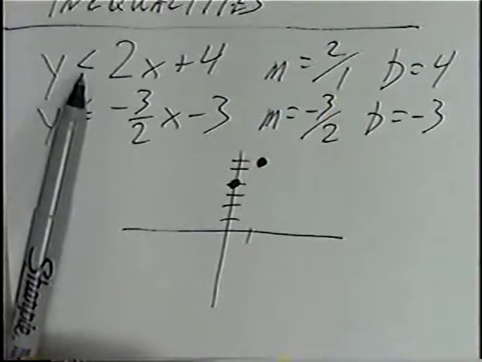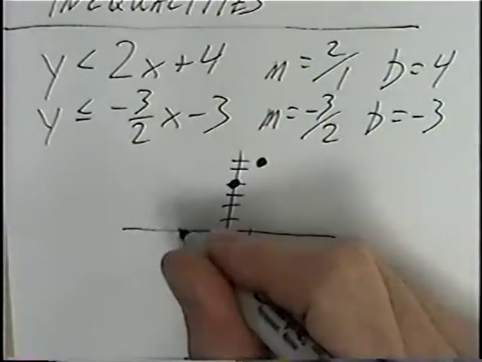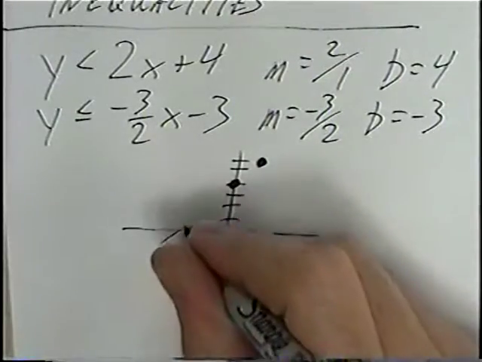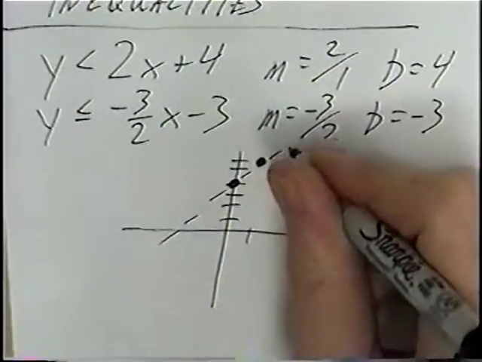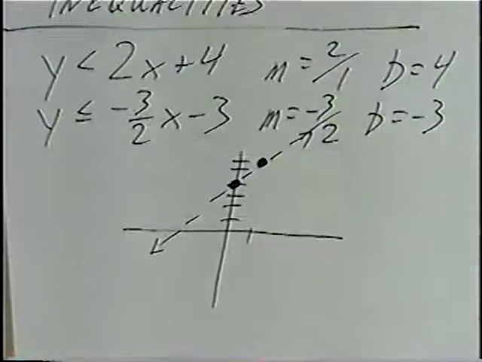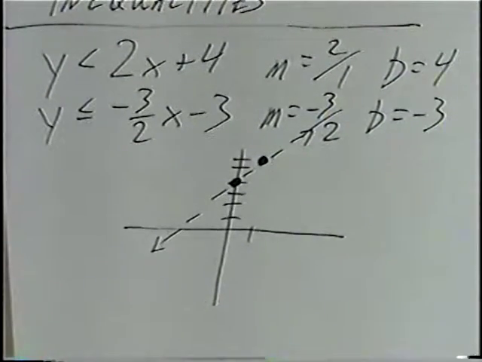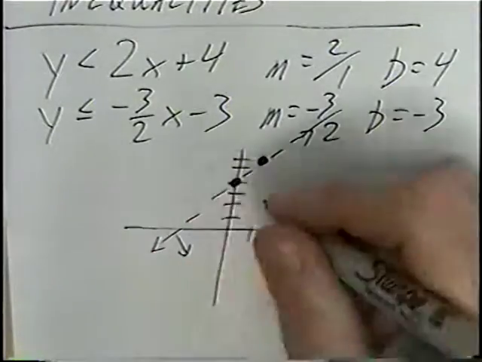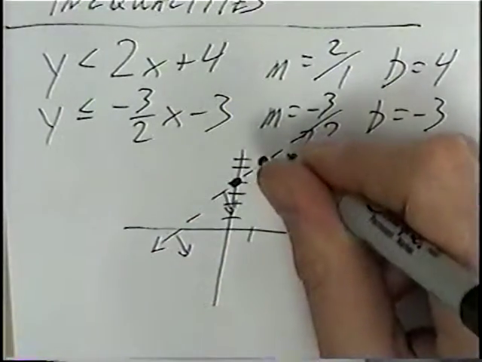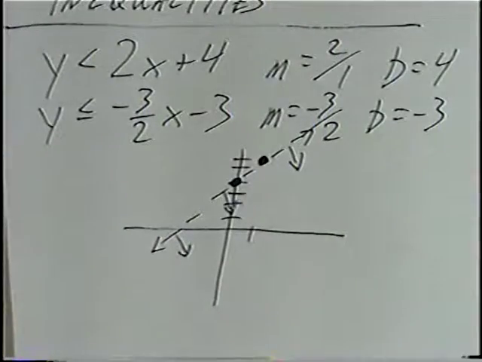If you have an inequality that's less than, it's not equal to, that would be a dashed line instead of a solid line. Also, for the shading, if y is less than the inequality, that means we'll shade the bottom part of the graph. Since we'll shade 2 inequalities, I'll draw arrows underneath this line to represent that we'll shade the bottom of the graph.